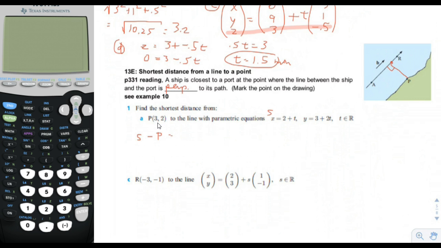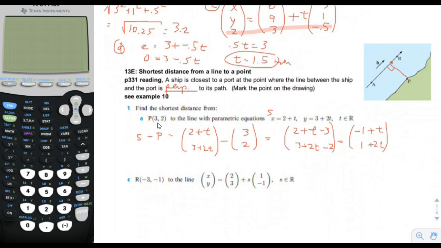So S is going to be (2 plus t, 3 plus 2t), and we just don't know what t is yet. Then we subtract point P, which is (3, 2). That gives us the shortest path vector: 2 plus t minus 3, 3 plus 2t minus 2, which is (negative 1 plus t, 1 plus 2t).